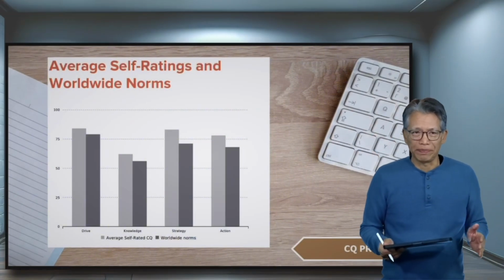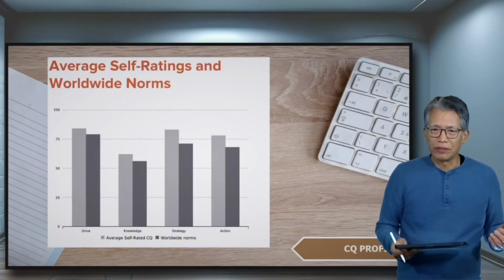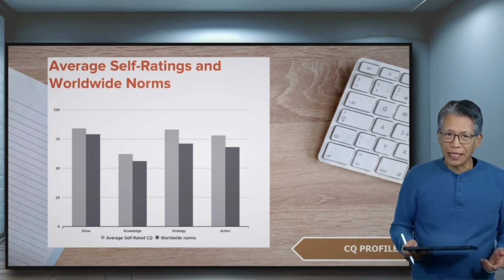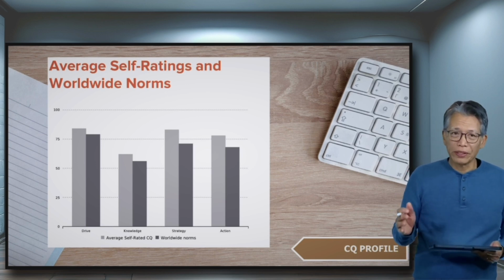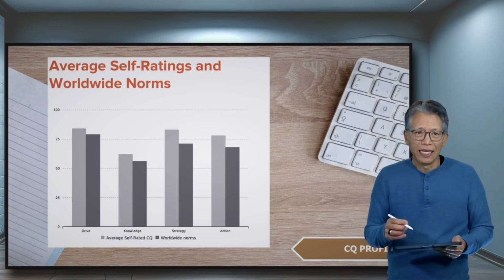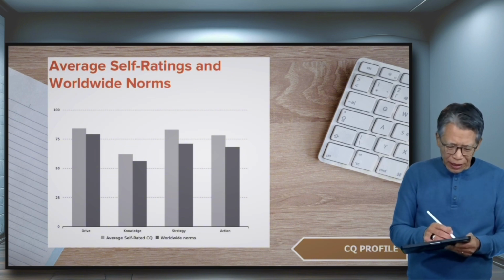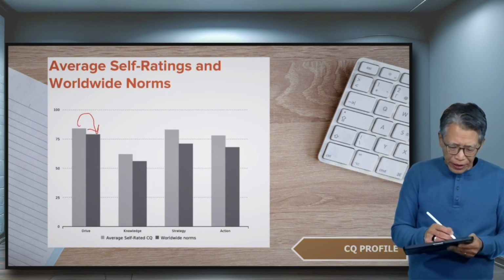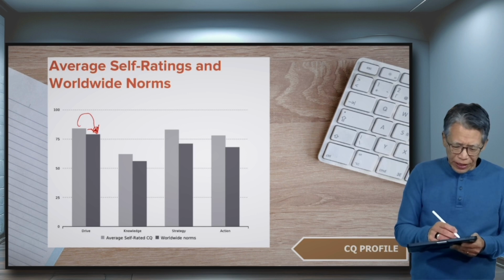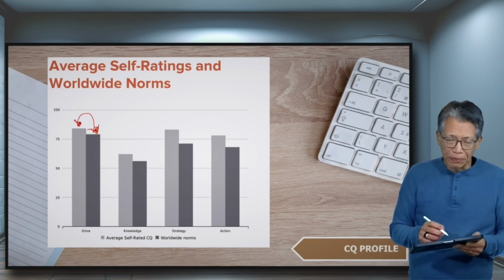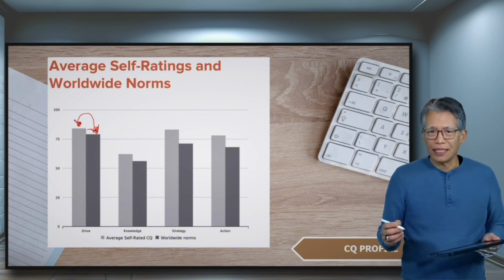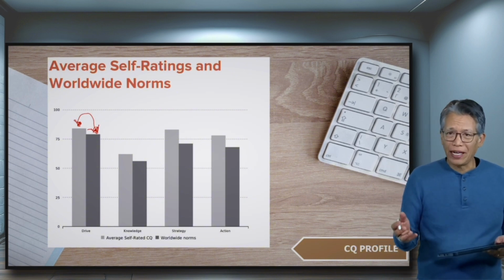First of all, remember that the group report gives you a CQ profile for the group. It's anonymized data, and it shows you where your group stands in relationship to the rest of the world. The rest of the world is the dark gray bar, and your team report is the light gray bar, and it'll show you immediately in a dashboard fashion some very interesting things.